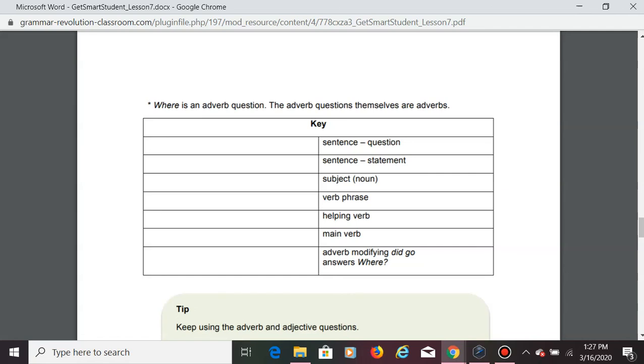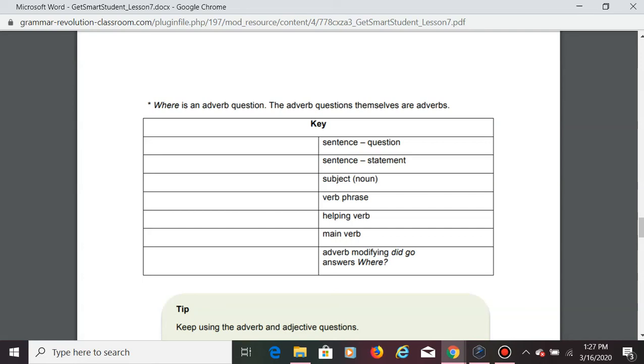The adverb questions themselves are adverbs. Ooh, neat trick. So when you see where, when, how, those are all adverbs. Where, when, how, why.